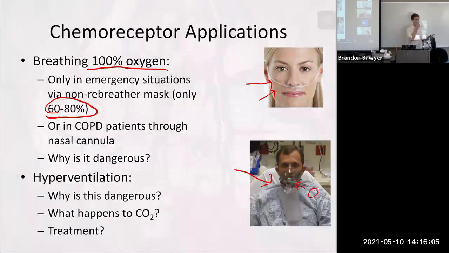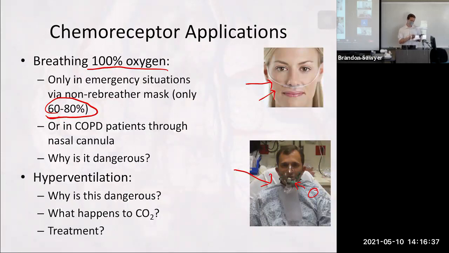When somebody breathes so much over and over again, when they don't really need to, they're just blowing off all of their CO2. Their CO2 levels are dropping, and then they lose that drive to breathe because you don't have that chemoreceptor reflex working. So giving somebody 100% oxygen and just sealing off that oxygen and letting it all come in can actually make them stop breathing completely.